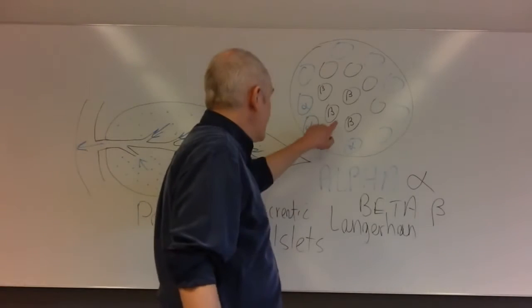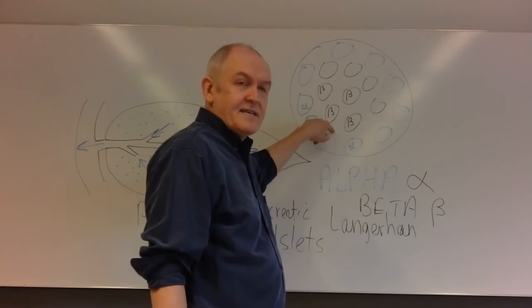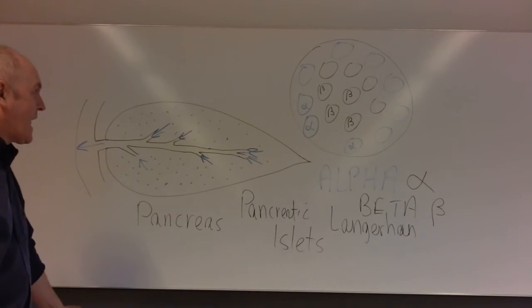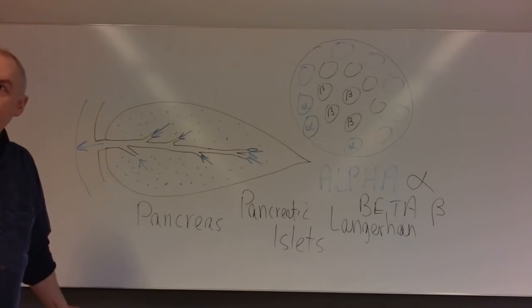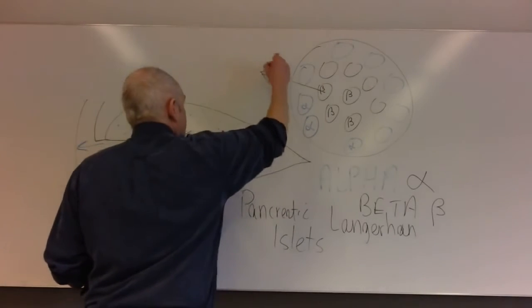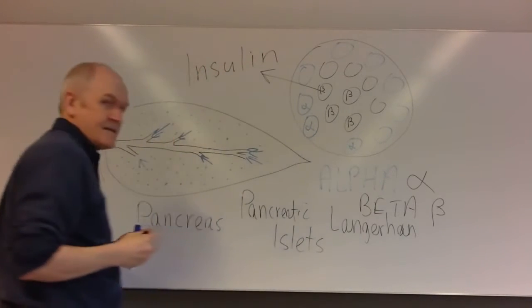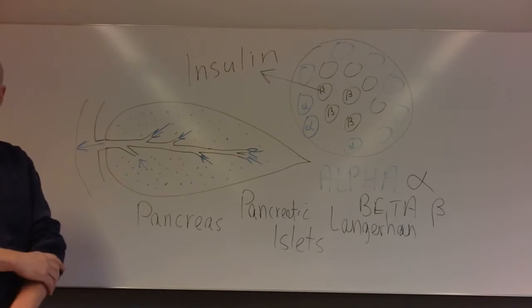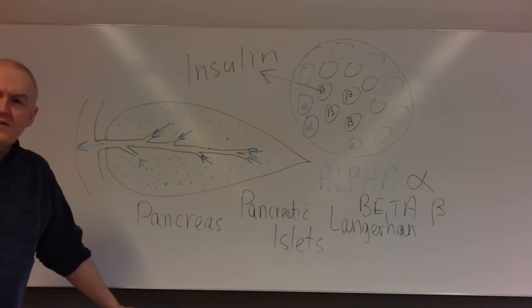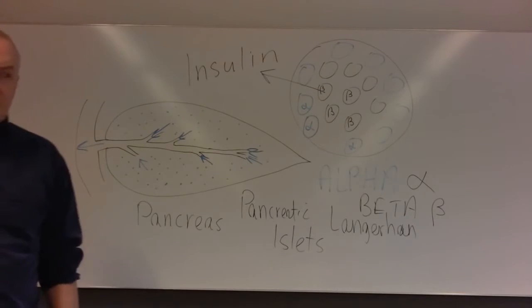In other words, the beta cells detect hyperglycemia. They detect increases in blood sugar level. So when the blood sugar level rises, that's detected by the beta cells, and in response to that, the beta cells produce insulin.